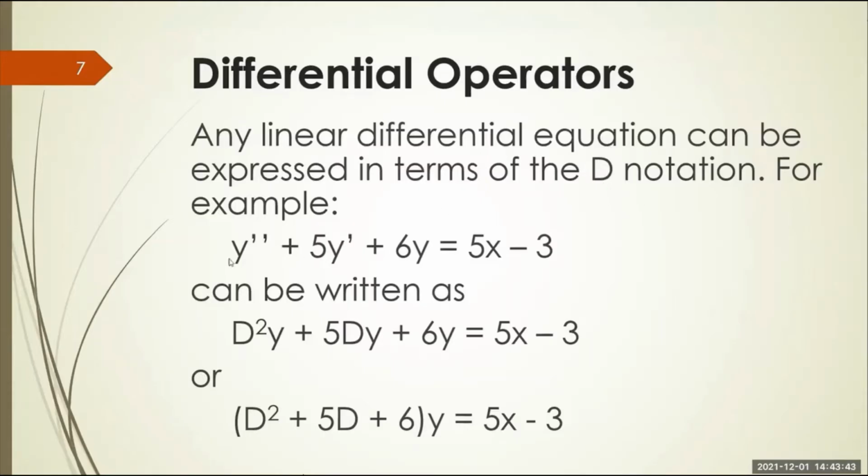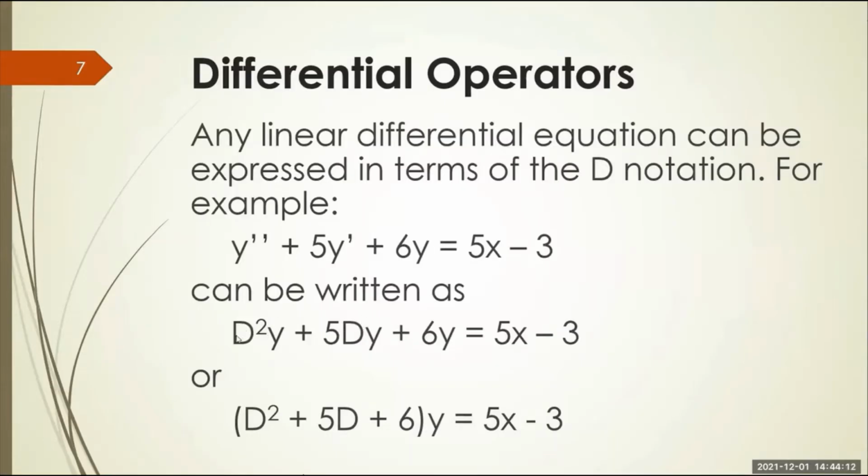For example, y double prime plus 5y prime plus 6y is equal to 5x minus 3. This one doesn't contain y, so it's okay to have it on the right side. The y double prime is a second order derivative, so you can replace that with D to the second. And the y prime is a first order derivative, so it's just D to the first, or you don't even need to write the first.